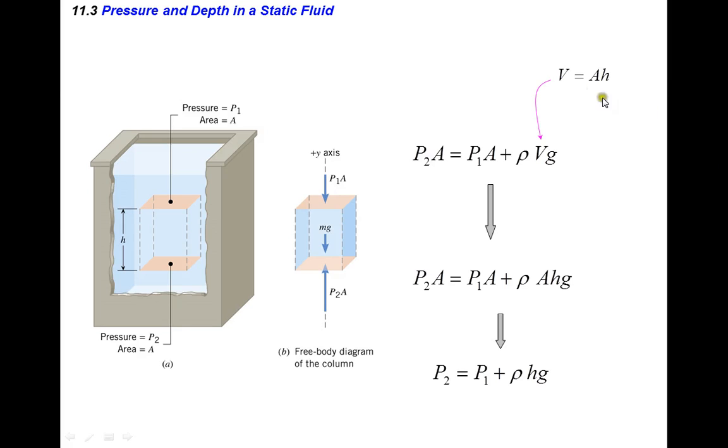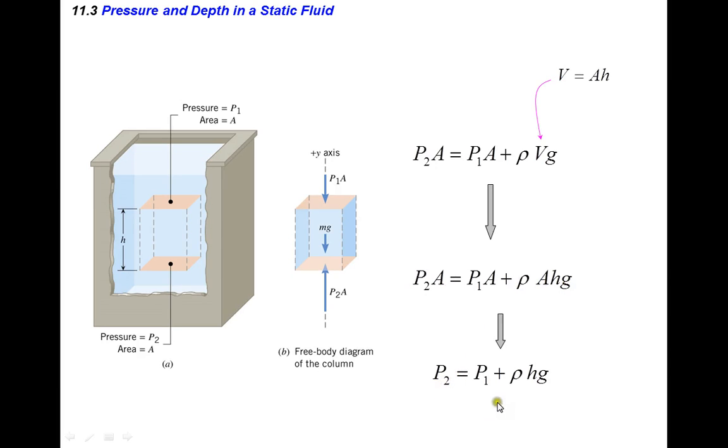And since volume equals area times height of our cube, we can say P2A equals P1A plus rho VG, or rho AHG. We pulled area out for the simple reason that we can cancel it out. It appears in every term.